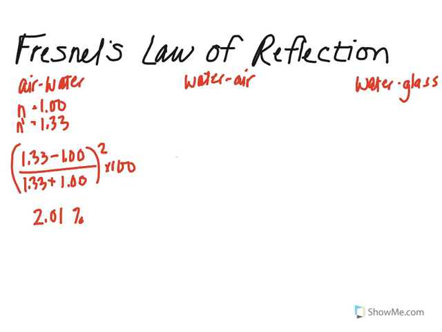Now if we do the same thing for water-air, this time our n is 1.33 because the light was in the water first, and our n prime is 1.0.